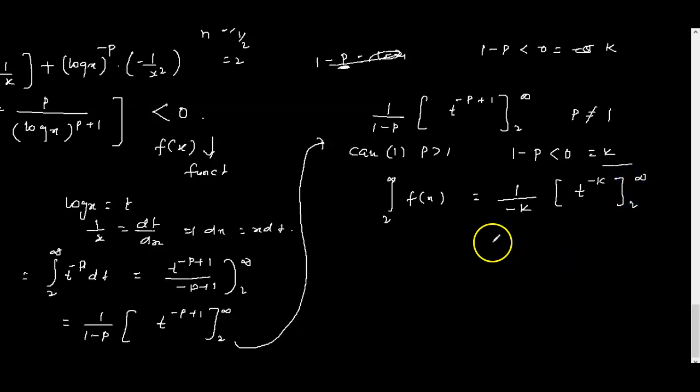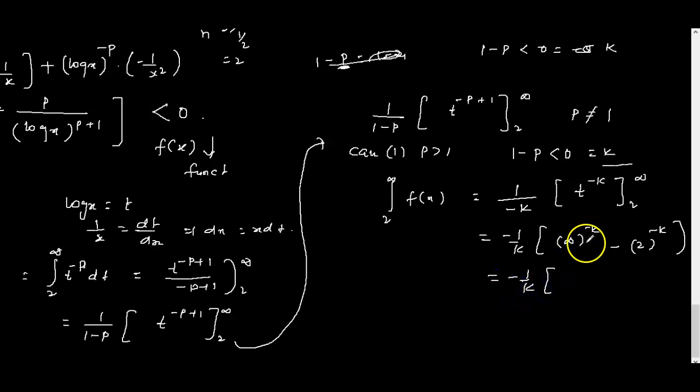No, sir. So I can write minus 1 by k here. If we put infinity, then infinity to the power of minus k, and this is 2 to the power of minus k. So minus 1 by k here, and infinity to the power of negative, anything comes 0. And 2 to the power of minus k means 1 by 2 to the power of k, which means 1 by k into 2 to the power of k.